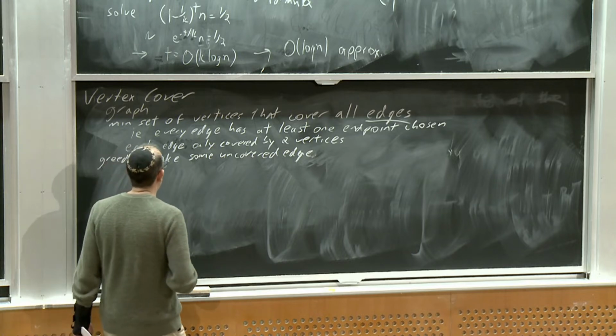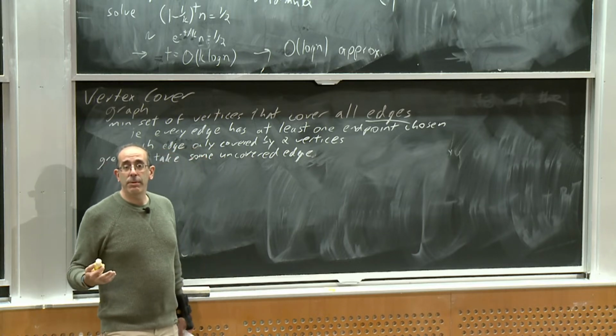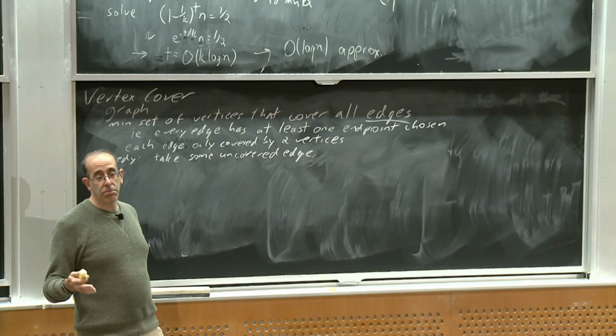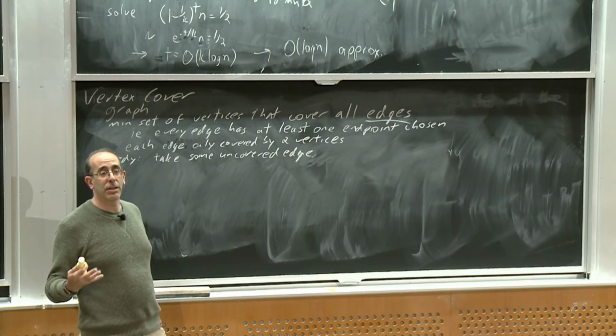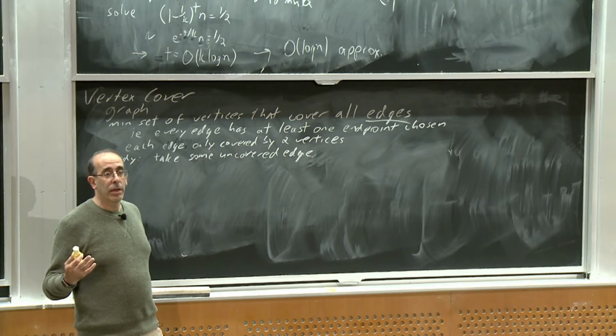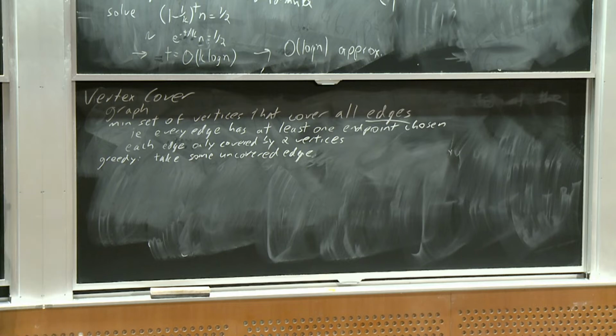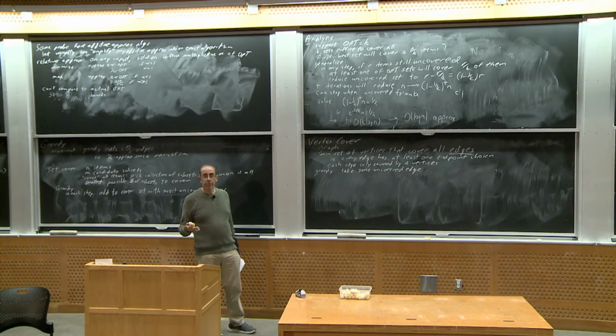You know this edge needs to be covered, so one of the endpoints needs to be in the cover. So you could just choose one of the endpoints and add it to the cover. That would be the natural greedy algorithm, okay? But it turns out that that doesn't do very well.